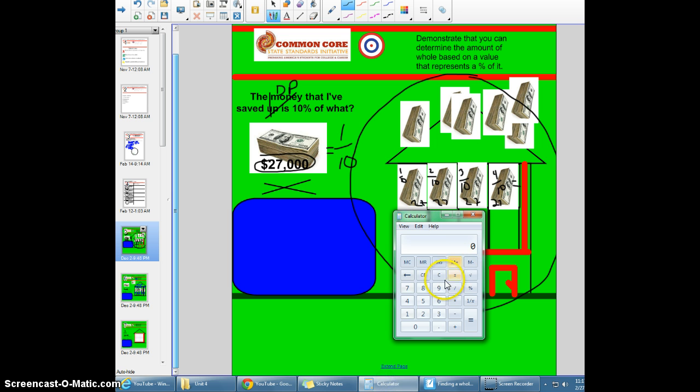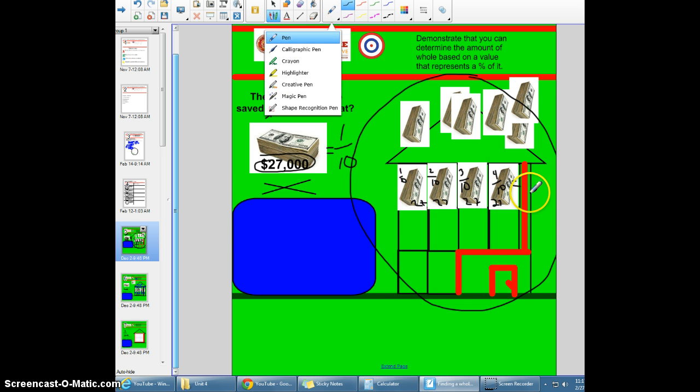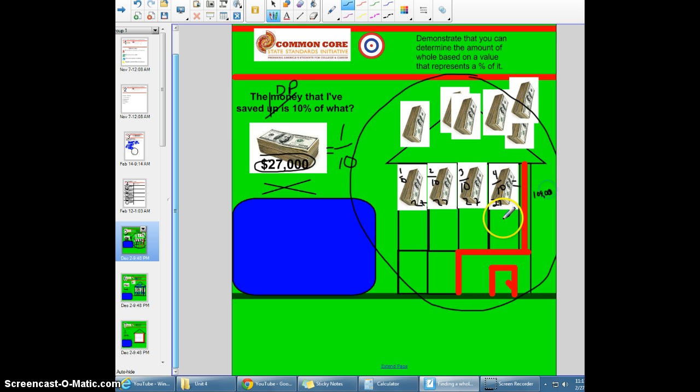I'm just going to multiply 27,000 by 4. We do know that 4/10 is equal to $108,000. I could then double that and say that 8/10 would be equal to $216,000. We want to find 10/10.